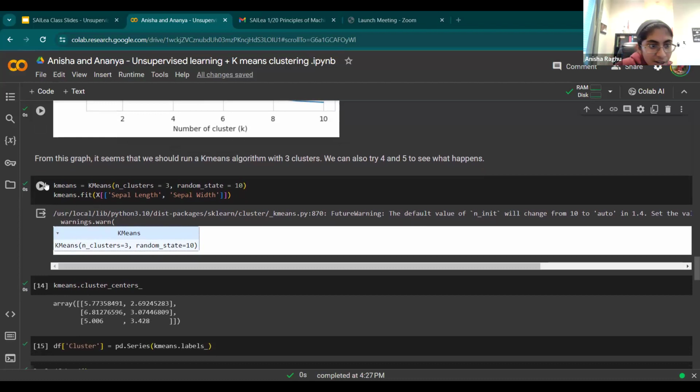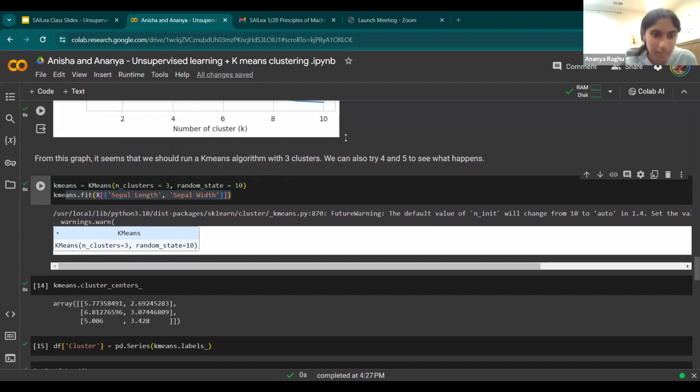So over here, we're doing the k-means algorithm with 3 clusters, and this line is doing the entire algorithm of fitting it and finding the appropriate clusters. Please feel free to type in the chat if you have a question. Note here that when we're defining our k-means clustering model, we're specifying a random state.